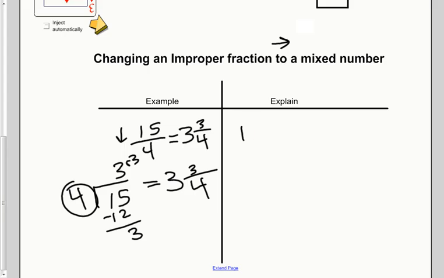All right, so as far as explaining that, we're going to divide and find your whole number and your remainder.